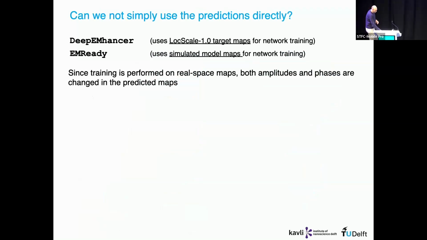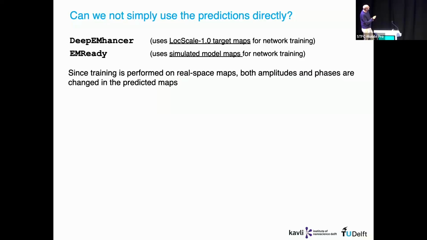Now, I showed you that we're using these predictions to scale the amplitudes of the original maps. The question arises whether we can use these predictions directly. There are two methods, and some others that came up recently, that are doing exactly that. These are deep learning based methods that have been trained on experimental and DeepEMhancer, LocScale1 target maps, or on EM-ready experimental maps and simulated model maps.